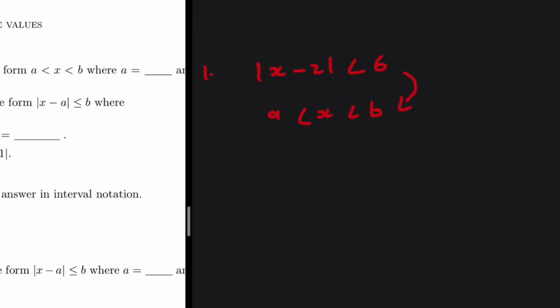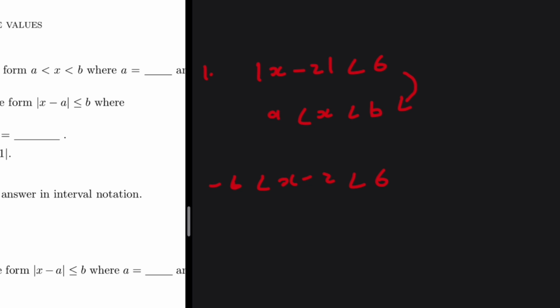Okay, we know fully well that the absolute value of x minus 2 less than 6 will give us minus 6 less than x minus 2 less than 6. All right, so we add 2 to minus 6 and 6.